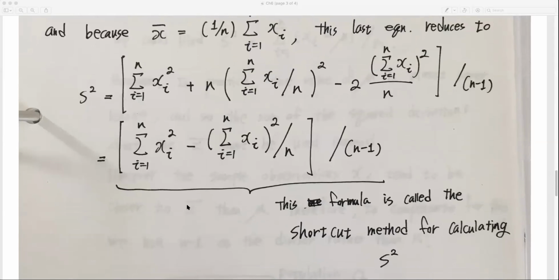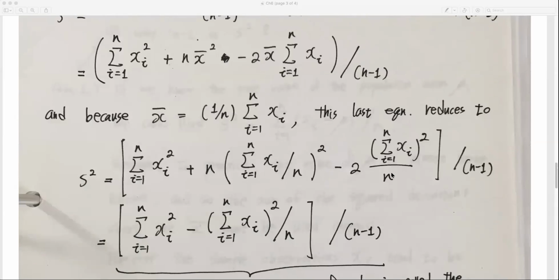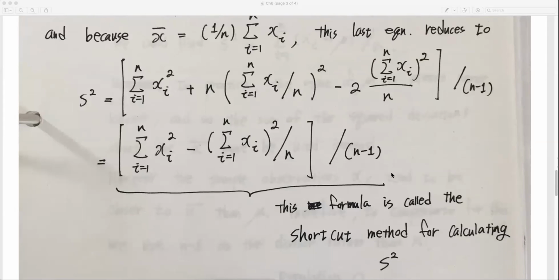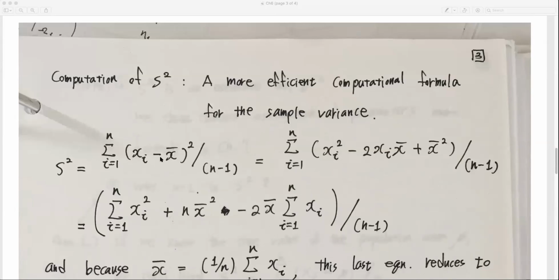Okay. So now this one is called the shortcut method for calculating sample variance. So what's the difference here? What's the benefit of this formula over this one? In the original formula of the sample variance, x bar is involved.